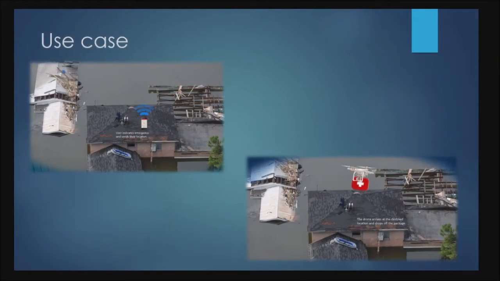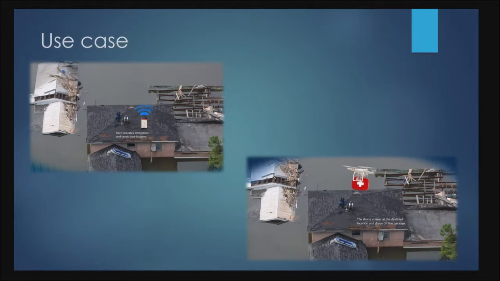So the idea is we take these drones, the fleet of drones, to some disaster area where some natural disaster has happened, and we try to deliver packages to people that are in need. The pictures in the slide show a person that is stuck on his roof because of some flooding, and the person might have the app installed on his phone, so he can request a drone to the location where he is currently staying, and there could be a fleet of drones just close by to the flooding area with some health kits that could be deployed to the person in need whenever the request is sent.